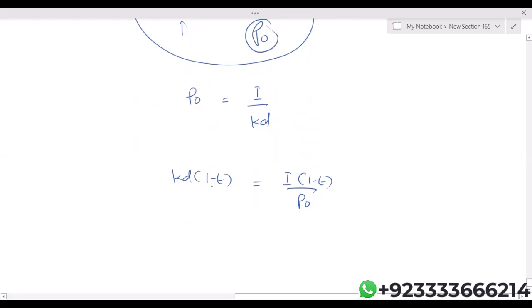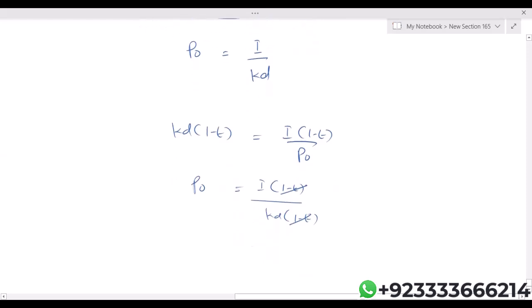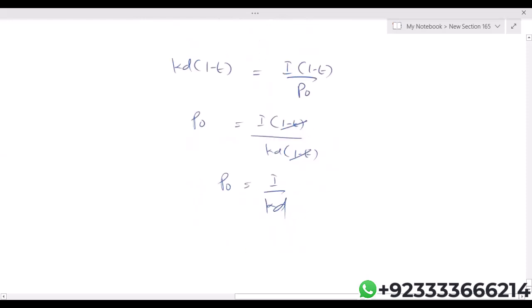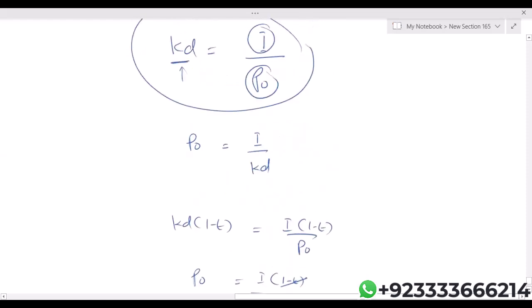This KD 1 minus T, if I write like this, logically this is being cancelled out. Are you getting this point? So just look at this, I upon KD. But obviously it depends on the question if the examiner is asking you to do that. Otherwise, we will not be doing it.